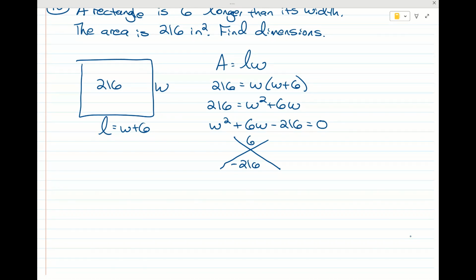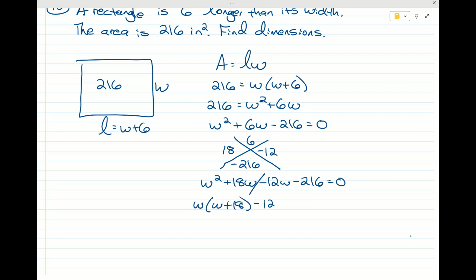So it might take you a little while to land on it, but I believe that 18 and negative 12 get the job done. So if we factor using those numbers, cut it down the middle, we could take out a w here. We could take out a negative 12 in the second grouping. GCF is w plus 18.